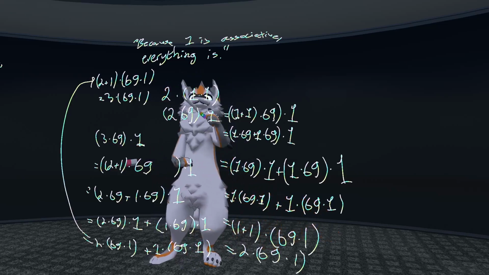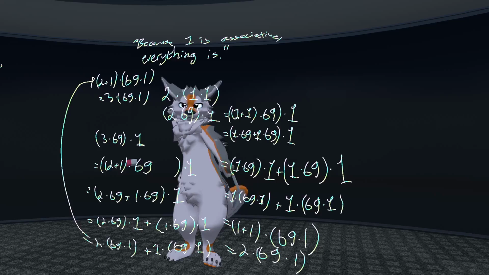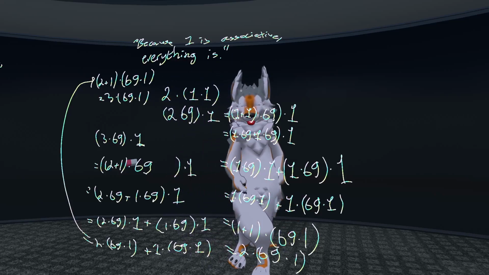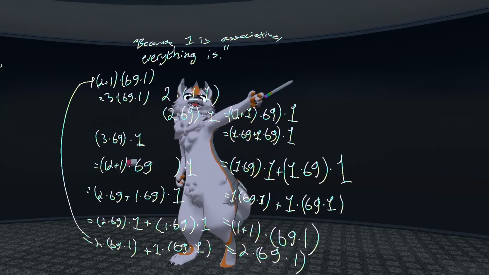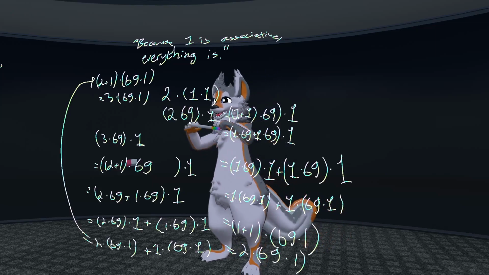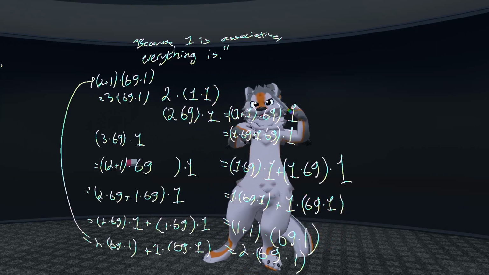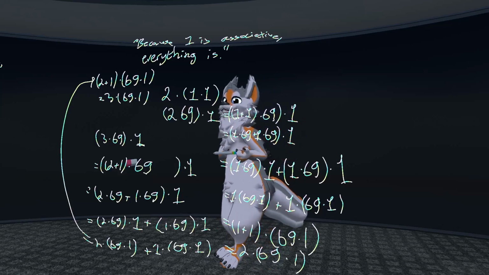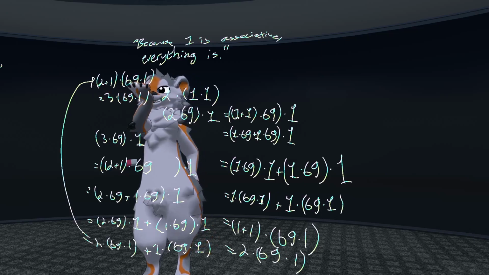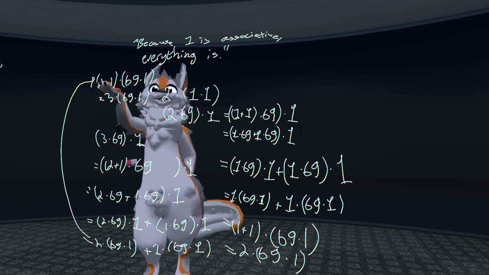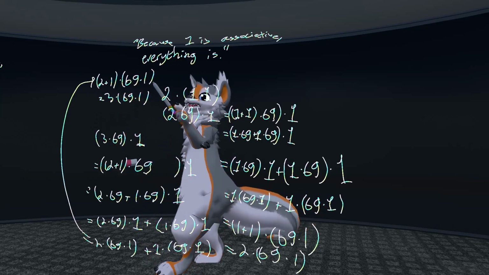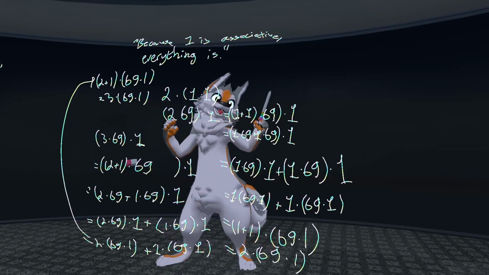But yes, so what are the big ideas? Multiplication is associative because we can show that inductively. It's associative because 1 behaves associatively, and we define multiplication recursively or inductively by decomposing a number into smaller parts and then modifying those smaller parts individually, while keeping in mind that modifying by 1 always just returns the other operand.